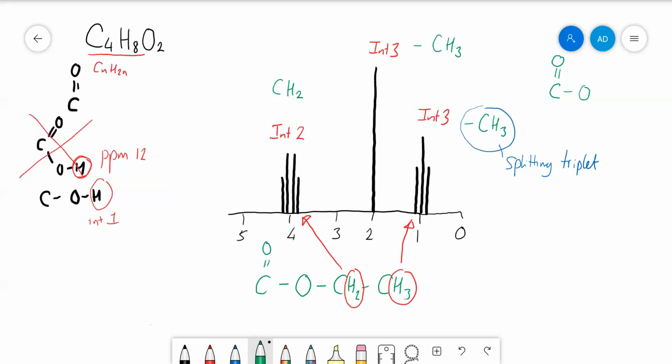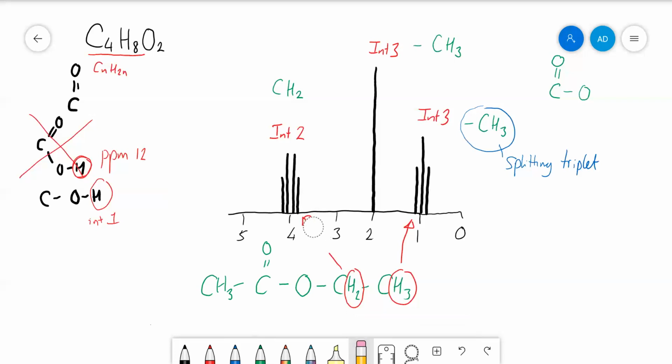And all we've got to think about is this CH3 up here, right? This one here with the integrated value of 3. So I put that there. And I think that is our structure. So I'm just going to rub some of that out a little bit, just to tidy up a little bit.